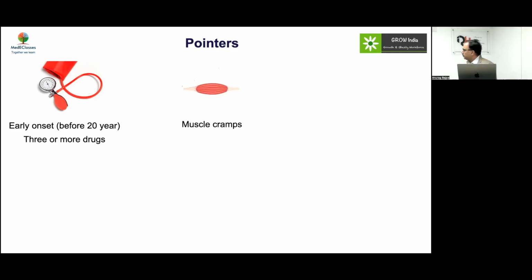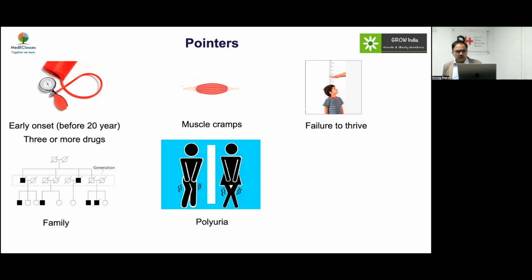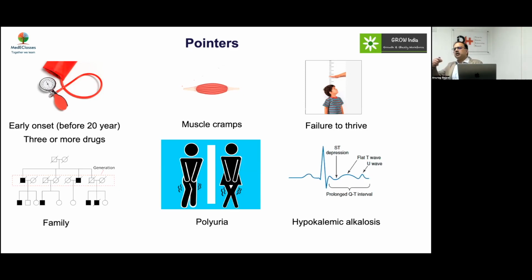Now, within a group of individuals who have hypertension, if they have frequent muscle cramps, which basically would mean hypokalemia or hypomagnesemia, if they have features of polyuria and failure to thrive, a strong family history, particularly for the autosomal dominant variant, which is glucocorticoid remediable aldosteronism, and, as I said, polyuria and hypokalemic alkalosis, you are thinking more in terms of endocrine hypertension.